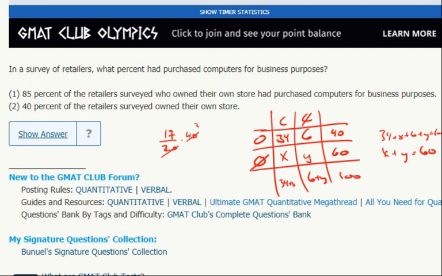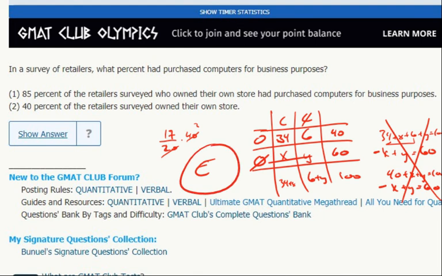But the problem is, hold on real quick, this over here, 34 plus 6 is 40. So from the top equation, I get 40 plus X plus Y equals 100, so X plus Y equals 60. But hold on, that was my second equation. So actually, I don't have two different equations for two variables. So that's not sufficient. I can't learn anything from these equations. So that's E. Very tricky, but our equations aren't unique if you check them out.